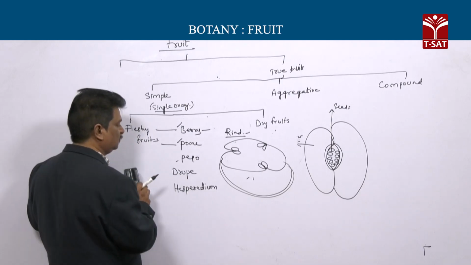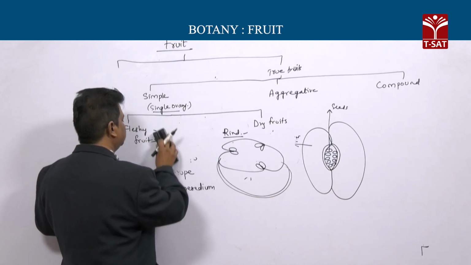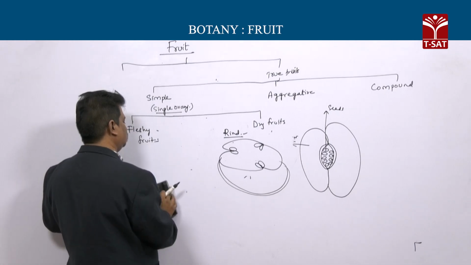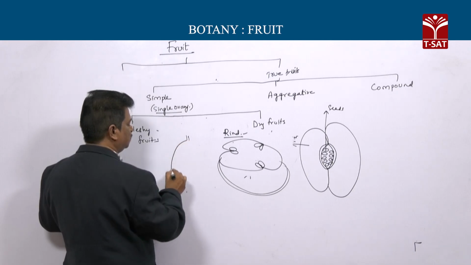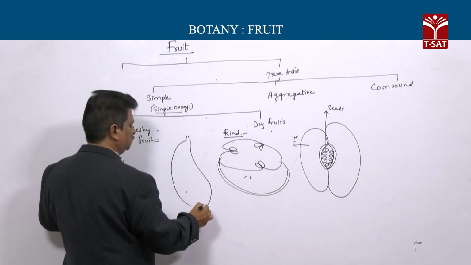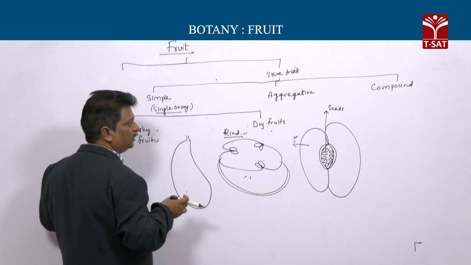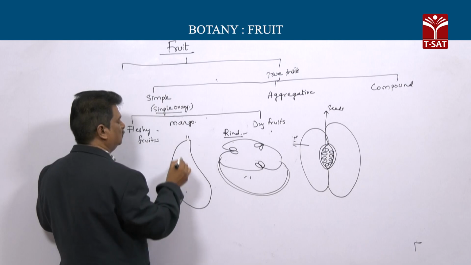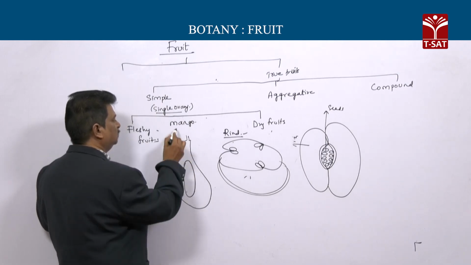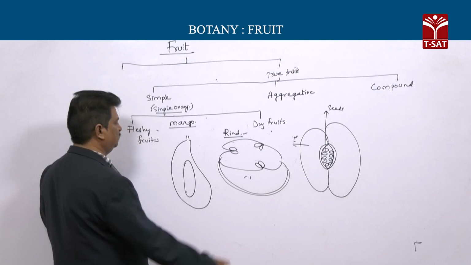The next one, drupe. Drupe is a single-seeded fleshy fruit. Generally fleshy fruits are multi-seeded, but drupe is single-seeded. Drupe is developed from a monocarpellary, unilocular, superior ovary in mango. In coconut, this drupe is developed from a tricarpellary, syncarpous ovary.